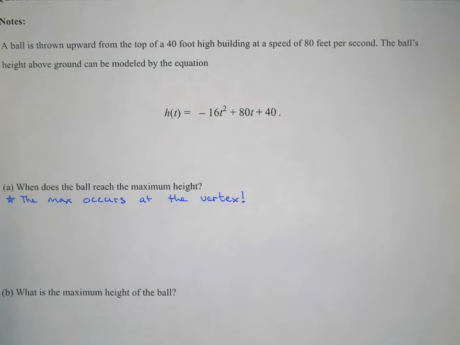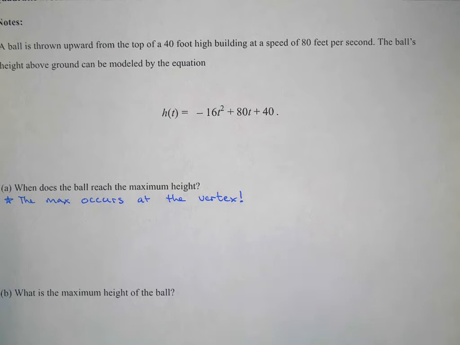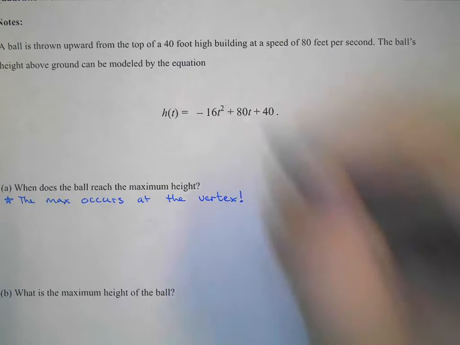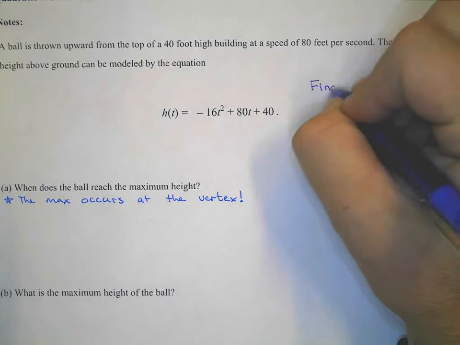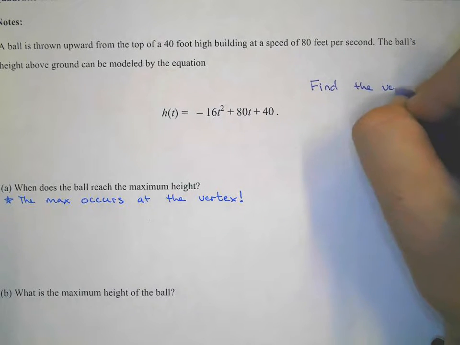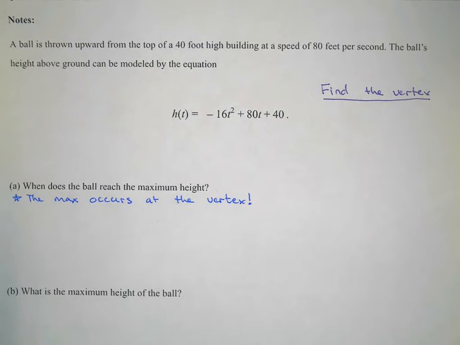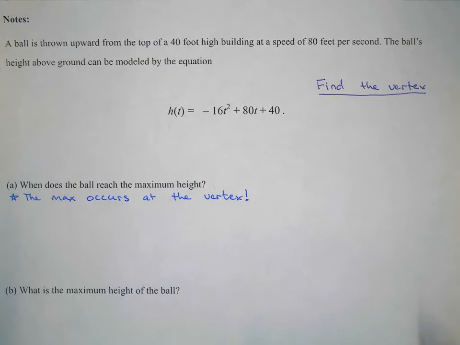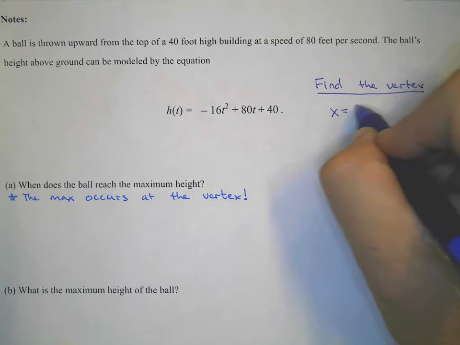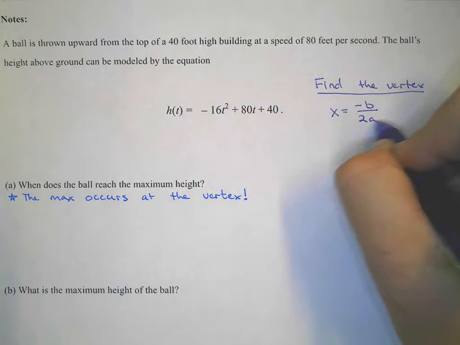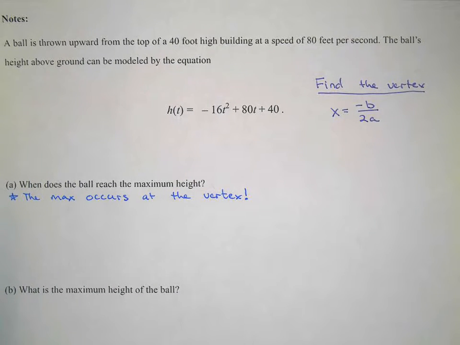So let's find the vertex. We have our vertex formula, x equals negative b over 2a. So we'll need to identify our b quantity and our a quantity.